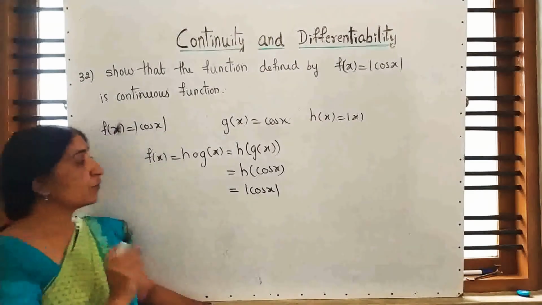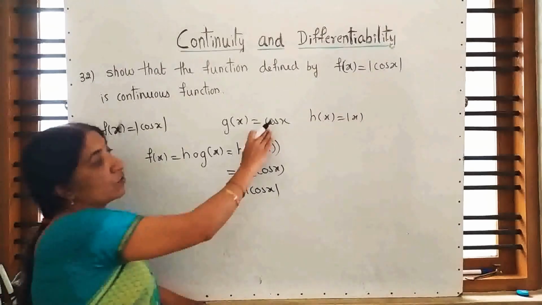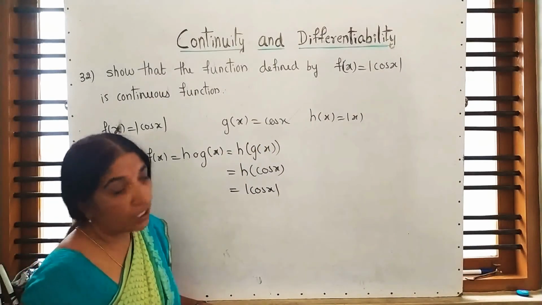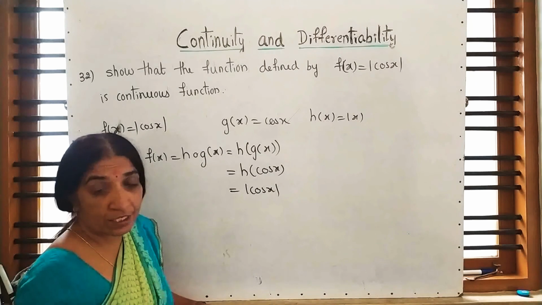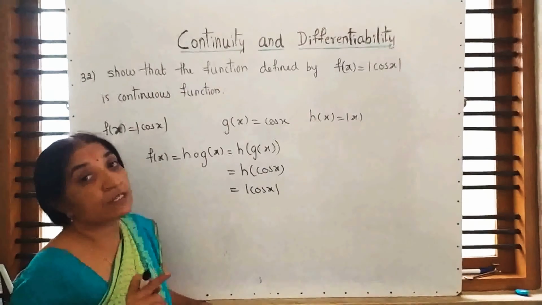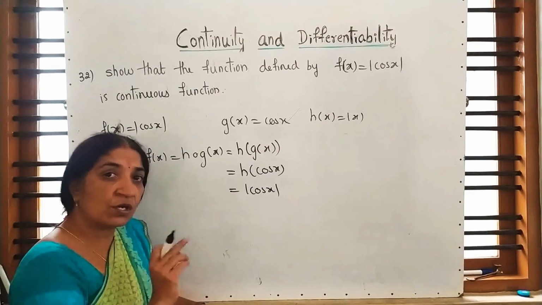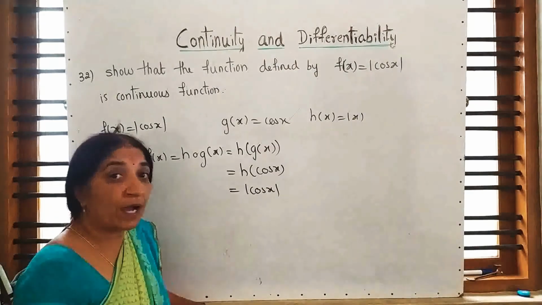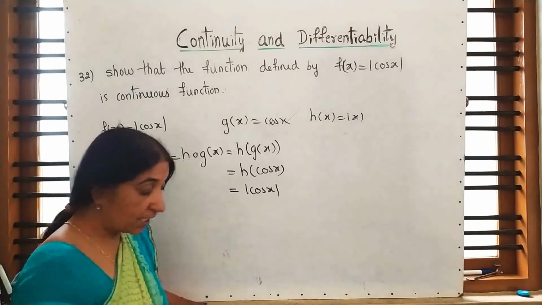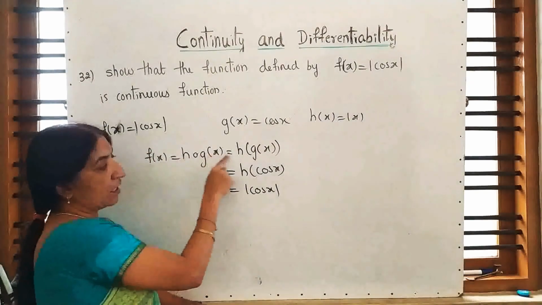And you have to write g of x is equal to cos x is a continuous function and h of x is equal to modulus x. Already you know that modulus x is a continuous function. Therefore its composition f of x is also continuous. Only that writing part I will leave with the students. Once again, this is a composition function.